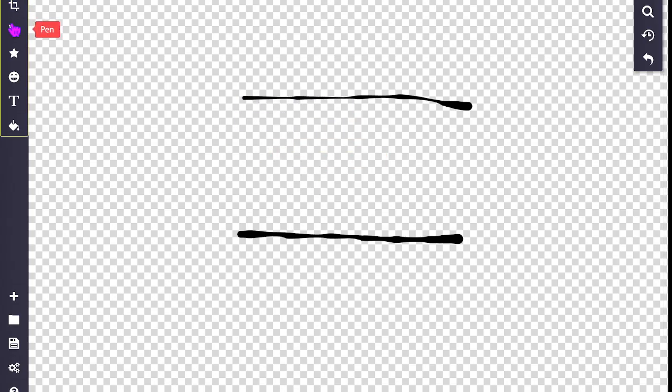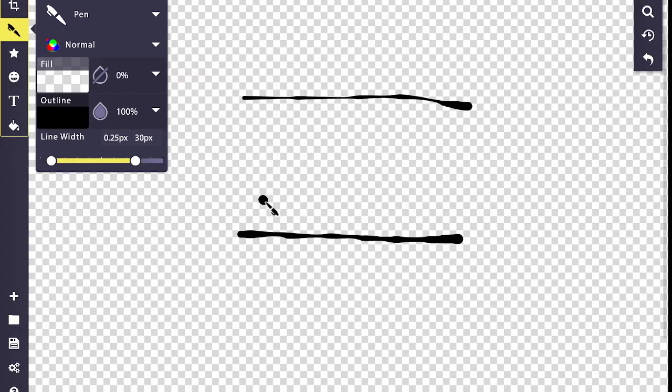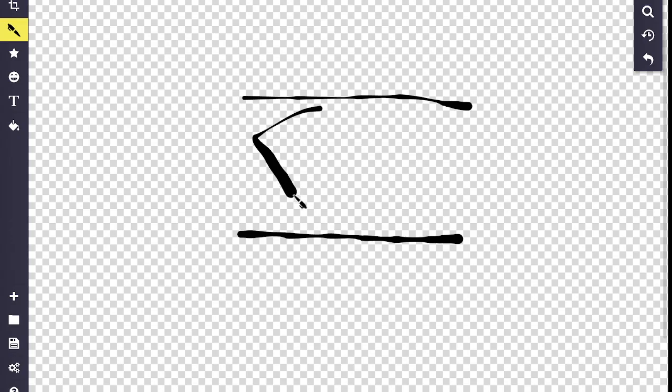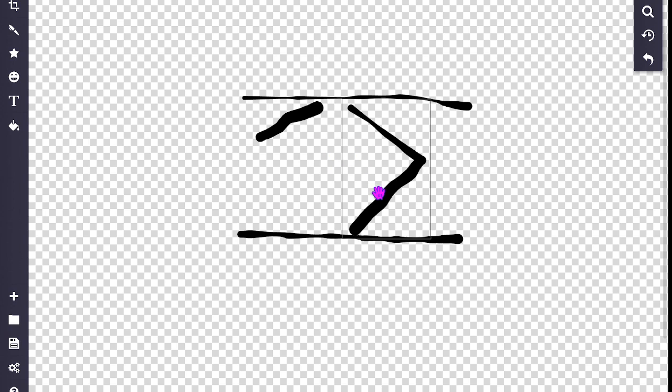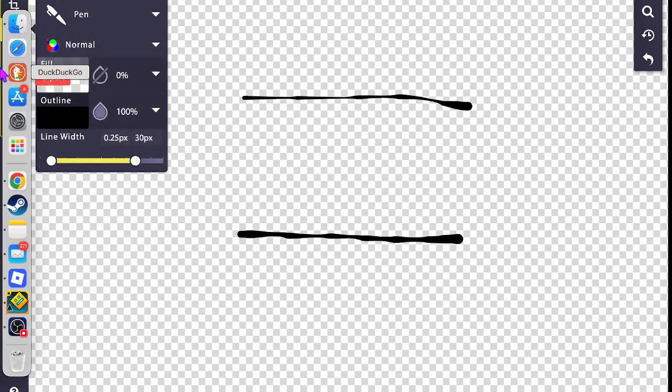You guys know what I'm talking about, even though you don't know what I'm talking about. It just looks like this. That's basically it. And I think that's everything.